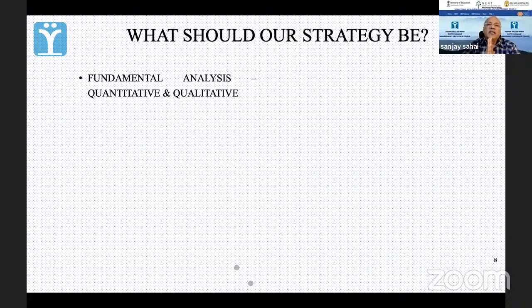That means, how do we decide when to buy, and what should be the basis for our decision to buy the share of a company? This is one question which will always be there when we are thinking in terms of investing.